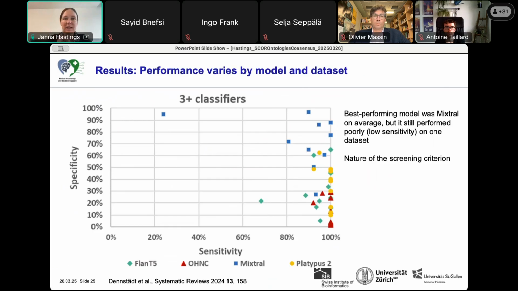And one of the generalizable learnings that we got from this study, which you can clearly see, is that different data sets have different performance profiles. And this, I think, is completely generalizable, and other papers have shown the same thing. Depending on the nature of the question and the nature of the ontology or the conceptual structure of the domain, it might be easier or harder to decide whether a given paper belongs in a given systematic review.